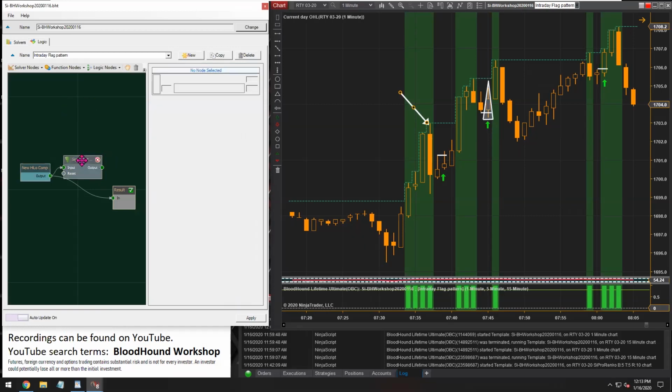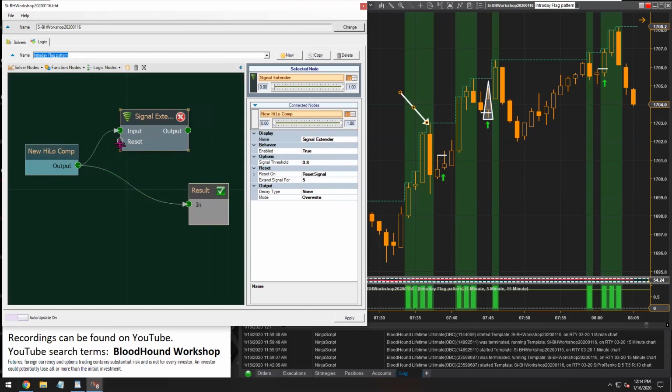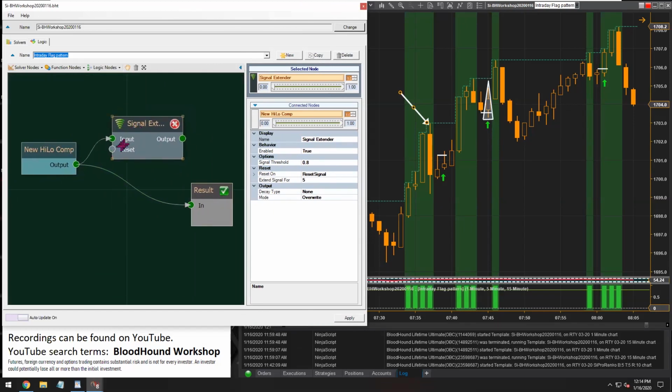Using the signal extender, there's no real reason. I'm not sure yet if I'll need to, but I might need to use the reset function of the signal extender. It's a possibility. I can't think of why I might need the reset right now, but as I build the system out, I might discover a reason. We'll see if I do or don't.